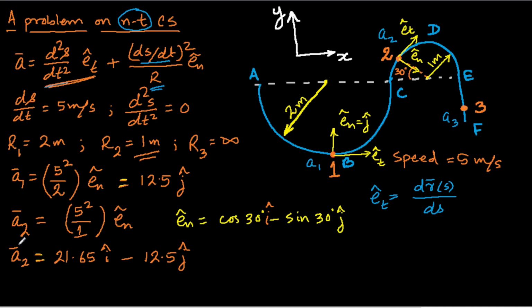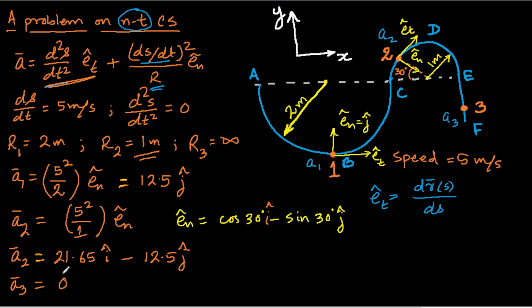And what about A3? Once we come to A3, it's a straight path, so you can think that r is infinity, so this term goes to 0. That's one way. Or simply you can think that on a straight path, when a particle moves with a constant speed, its acceleration is going to be 0.